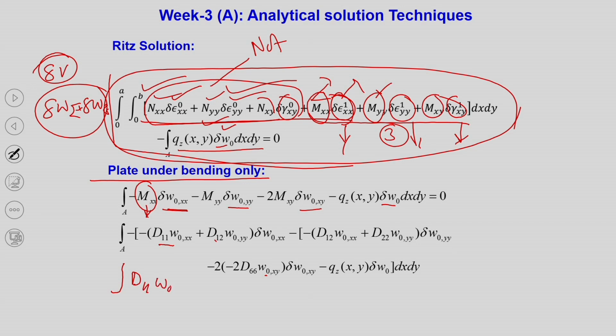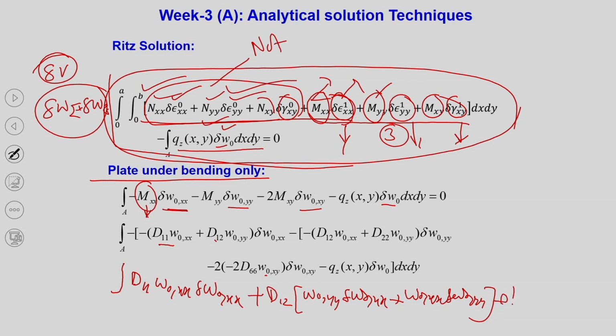So basically D11 w comma xx del w comma xx plus D12 of w comma yy del w comma xx plus w comma xx del w comma yy, plus D22 w comma yy del w comma yy, and this contribution and this contribution.